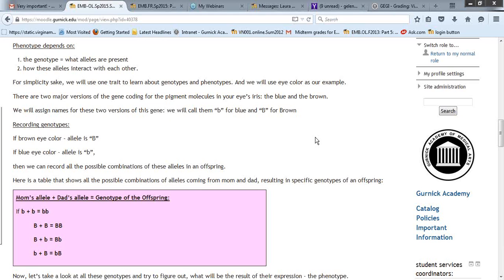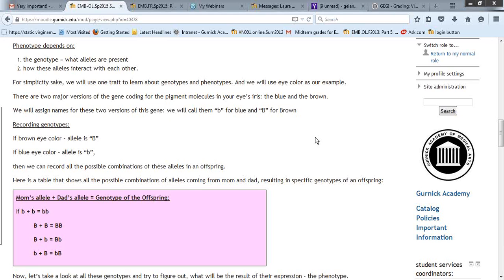Okay? So let's use one trait so that we can discuss the genotypes and phenotypes. It's just easier if we do it with an example. So we're going to use the eye color as our example. Okay, so there are two major versions of the gene coding for the pigment molecules found in our eye's irises. Okay, your eye's iris is the colored part of the eye, and you have blue and brown pigment molecules that you could express.